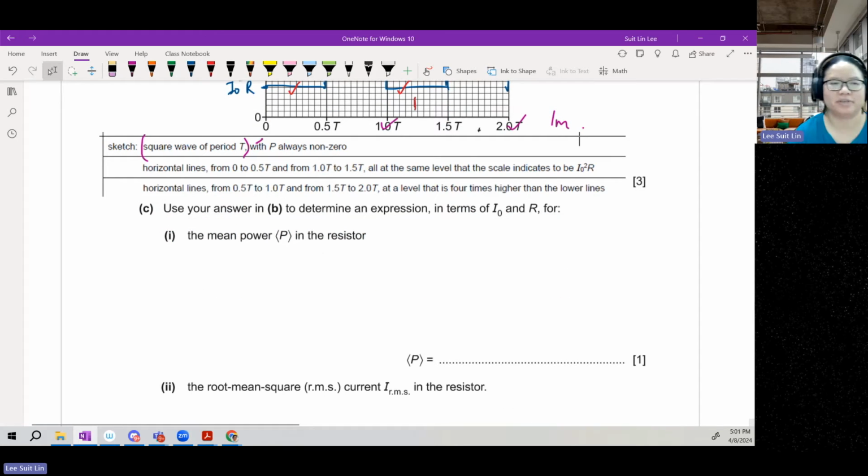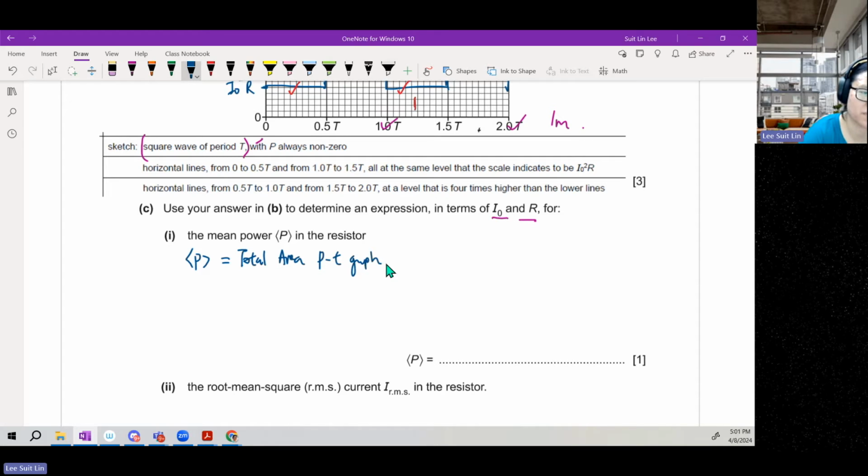All right, determine in terms of I0 and R the mean power in the resistor. Okay, so to find average power, I will always take the total area of the power-time graph divided by the time. The time can cancel, but this one is the time for 1 cycle, total area of the power-time graph for 1 cycle.